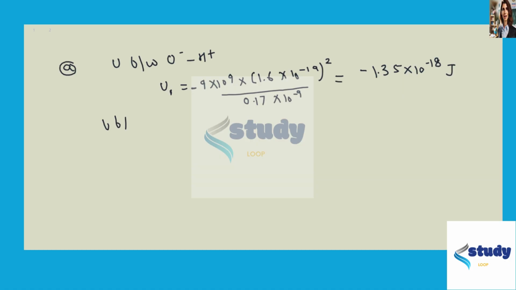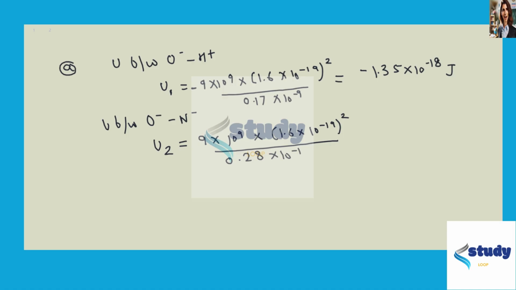Now U2, between O minus and N minus. Both are negatively charged, so negative times negative gives a positive value. We have 9 times 10 to the power 9 times 1.6 times 10 to the power minus 19 squared, over 0.28 times 10 to the power minus 9.